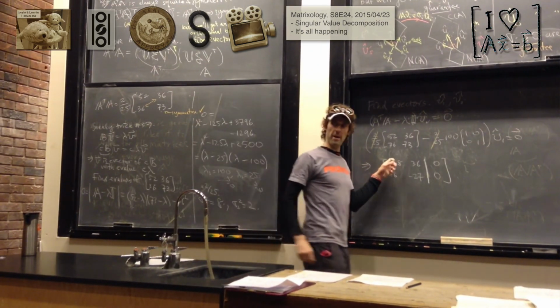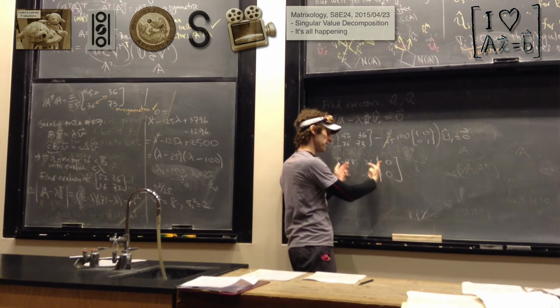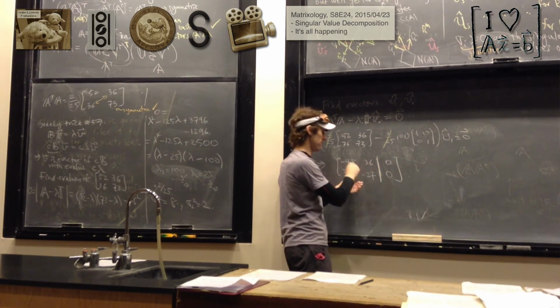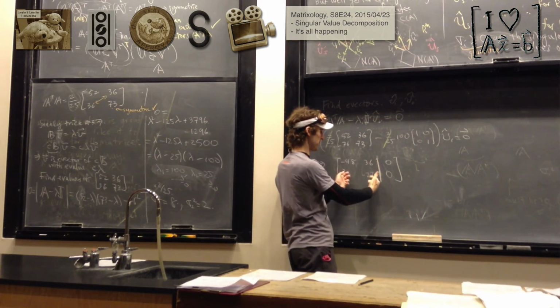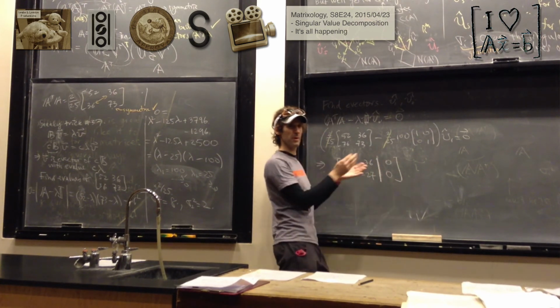This is a little note about 2x2s. When you do an eigenvector problem with 2x2s, the rows have to be multiples of each other, right? Because we've got a solution here. If this was not a multiple of this one, then we'd end up with 0 as being the only solution.